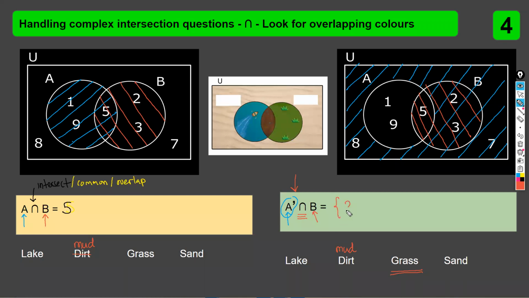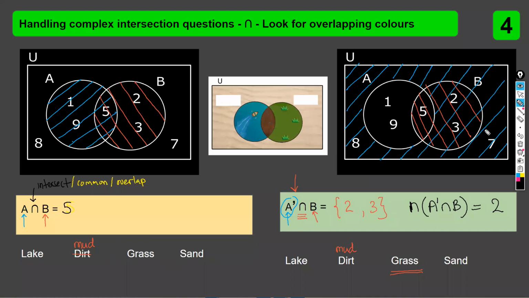So we have to put our brackets like this, 2 and 3. Obviously, if they wrote the question like this instead, n of A complement intersect B, with the letter n on the outside, they would want us to add up how many answers we have. So the answer in that case would be 2.